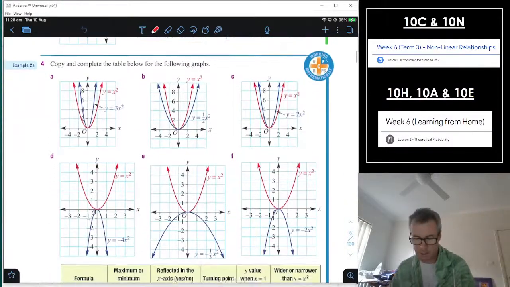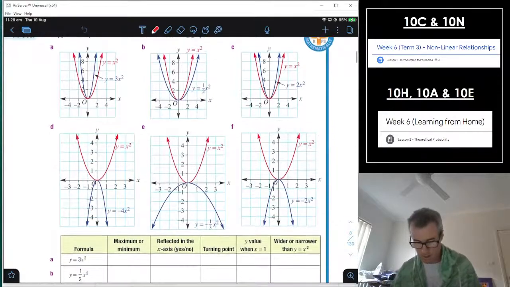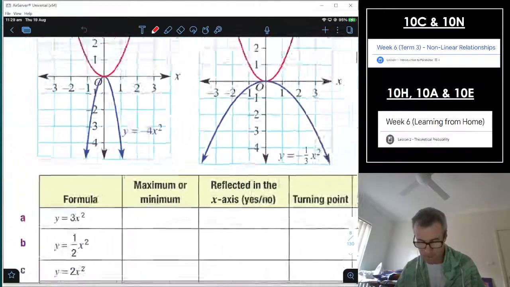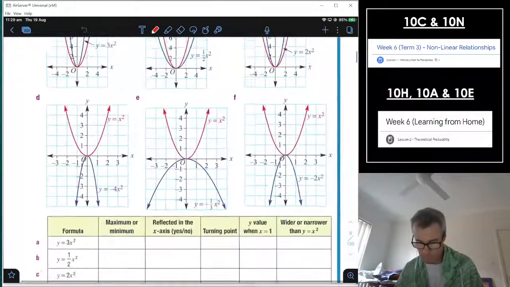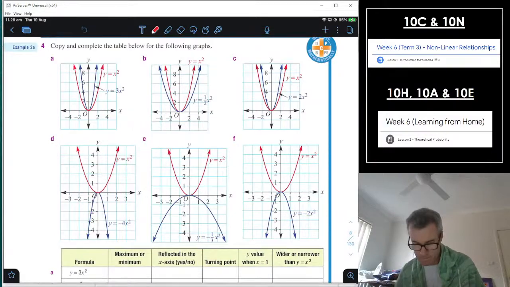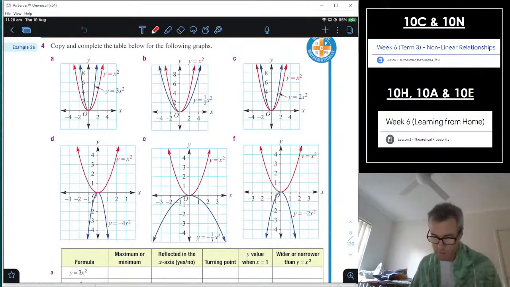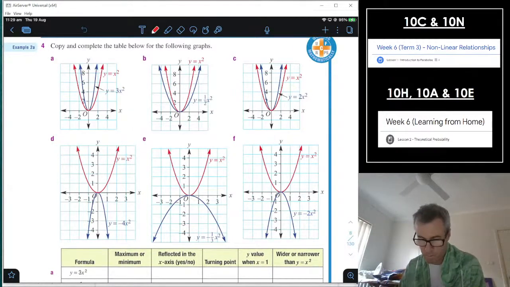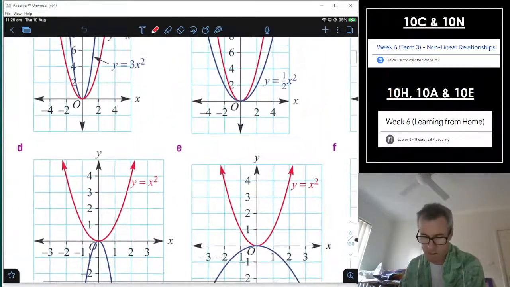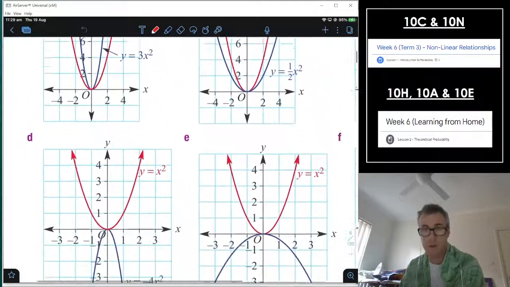Okay, so let's have a look at A. Rather than kind of do, oh cool, it's actually given us the formulas for A, how they've calculated it. All right, so for this formula in A, we're looking at the blue formula in A, and we're comparing that against the red formula, like so.